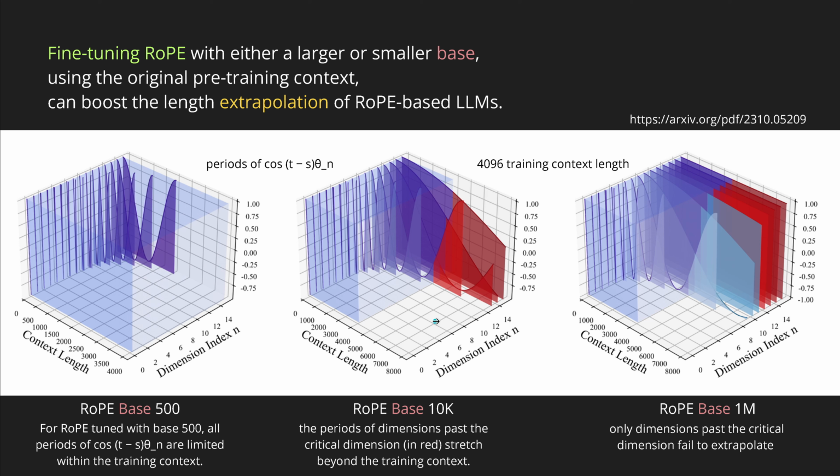With our 10K, and we do not know if 10K is really the perfect RoPE base, we have to verify this, the periods of the dimensions past the critical dimension, here in red, stretch beyond the training context. And at a base of 1 million, careful, the base, not the token, only the dimensions past the critical dimension fail to extrapolate. And you say, okay, what is the critical dimension here?